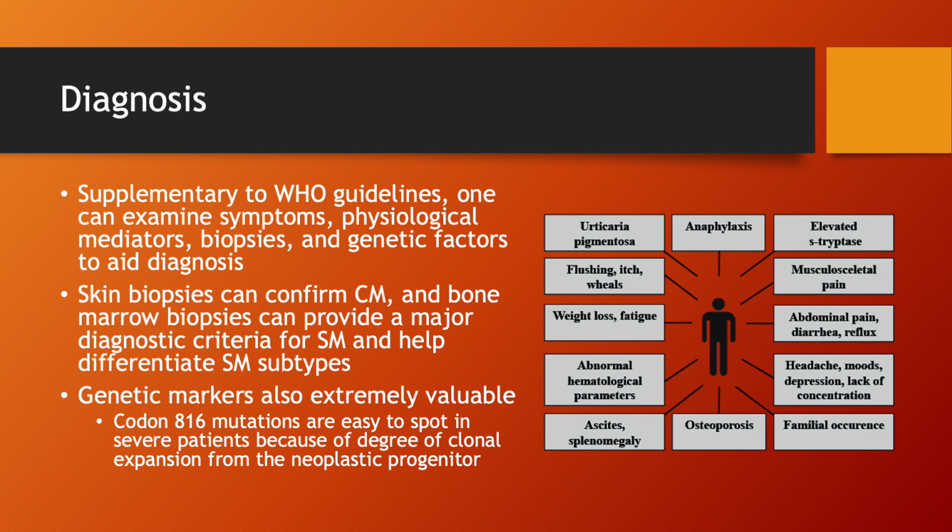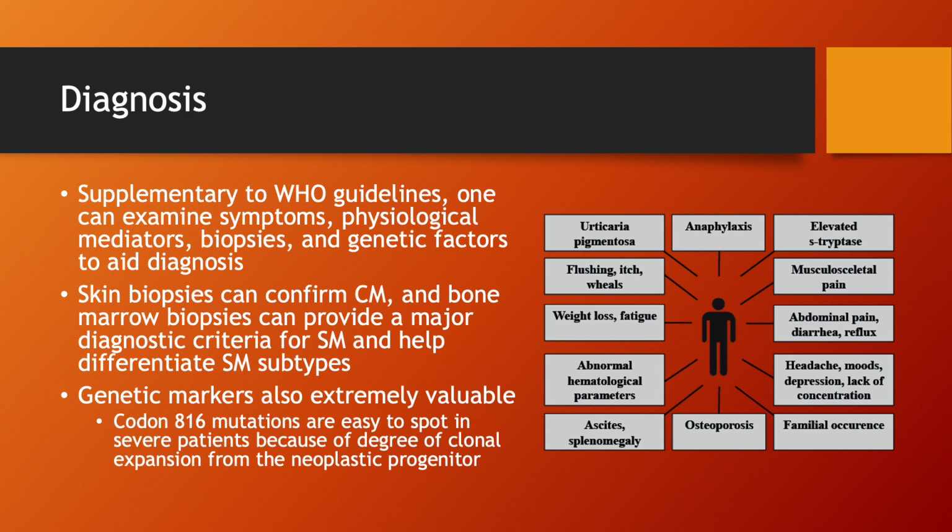But as far as diagnosing it goes, you would need to actually obtain a lot of those values. So we tend to look at things like symptoms, physiological mediators, biopsies, and genetic factors. Biopsies are useful because they're really helpful to just count up the mast cells in the skin, and that can help confirm cutaneous mastocytosis.